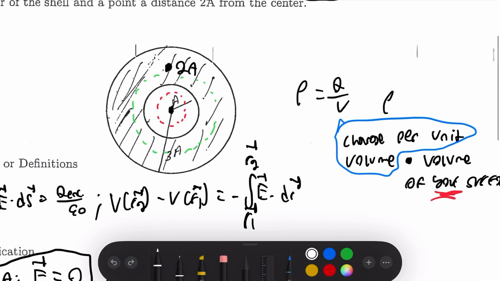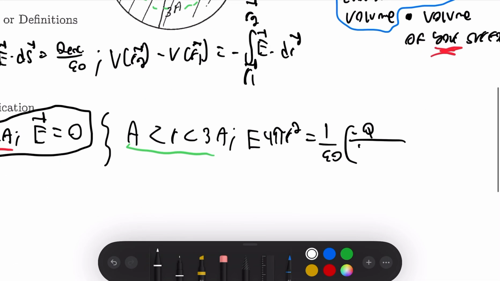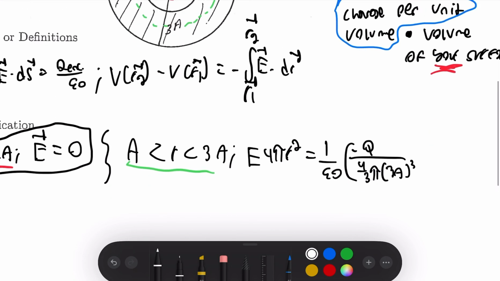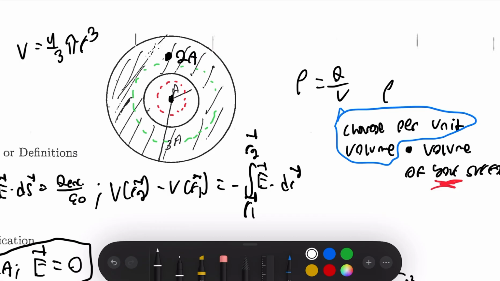So recall the volume of a sphere is 4 over 3 pi r cubed, right? So it's going to be 4 over 3 pi times the radius of the Gaussian surface, which is 3a, cubed. But there is no charge in this hole, right? There's nothing in here. Our charge is only contained on the shell. So what we need to do is subtract that hole in there.